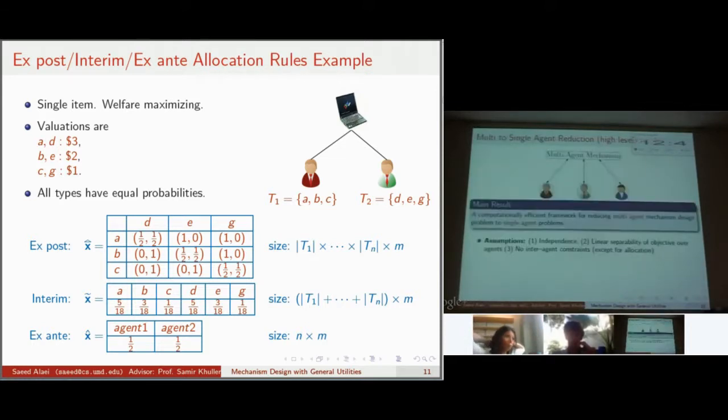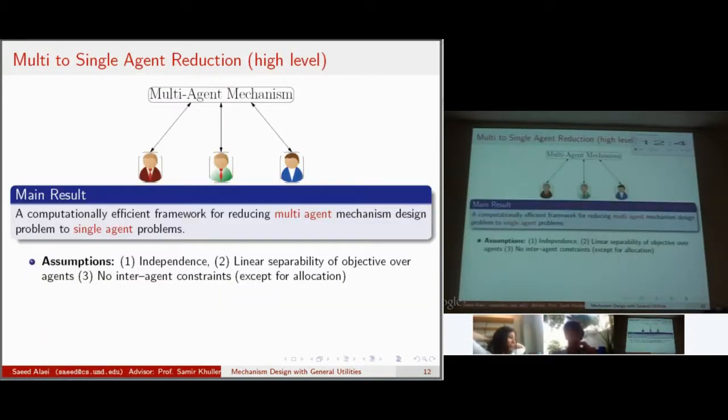Okay. So basically, the main result of the first part of my talk is that we present a computationally efficient framework for reducing the mechanism design problem for multi-agent to single-agent problems, which works in a very general setting. And we make these assumptions. These are the basic assumptions. There are some minor other assumptions that I will mention later.